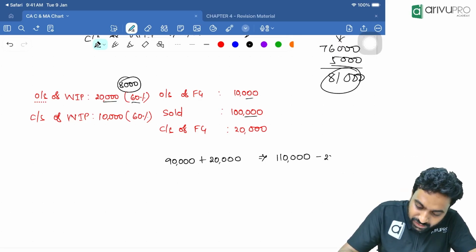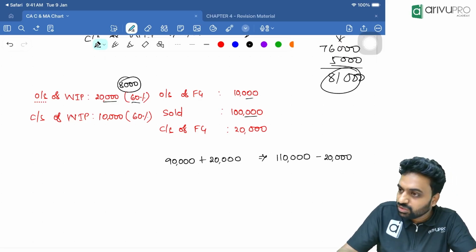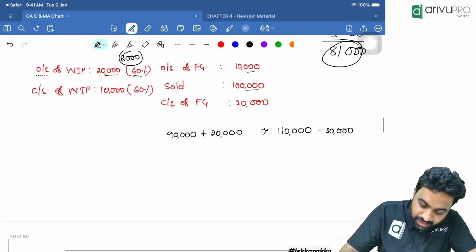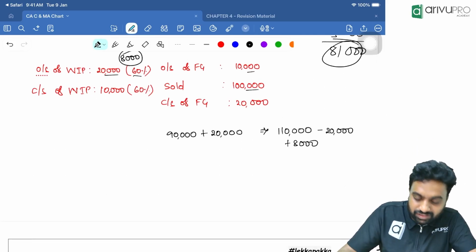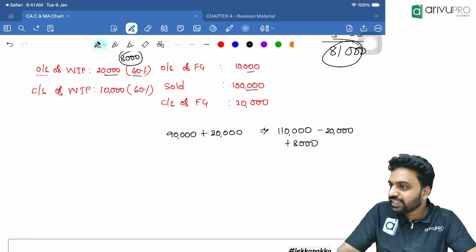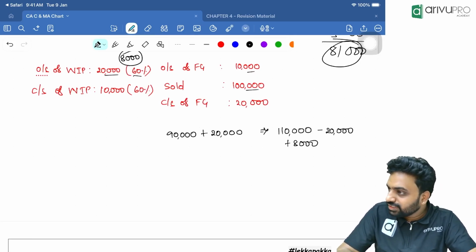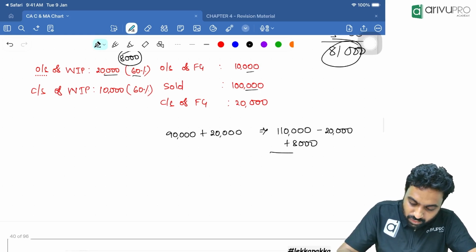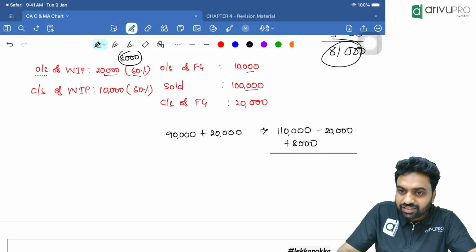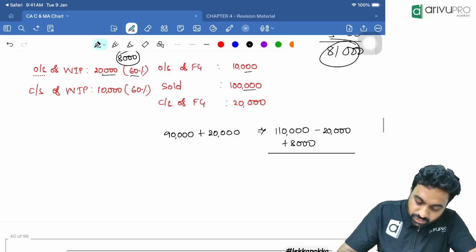So I will reduce 20,000 because I didn't give 20,000 equivalent input. I will add back 8,000 because for the 20,000 units, I have given resource equivalent to how many units? 8,000 units. That means although 1,10,000 is produced during the period, the resource consumed was just equal to 98,000.